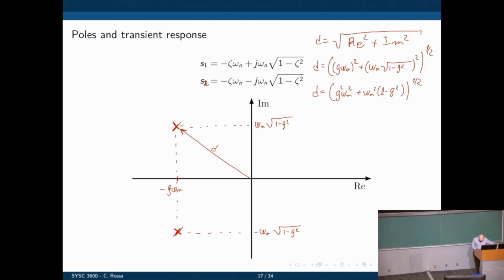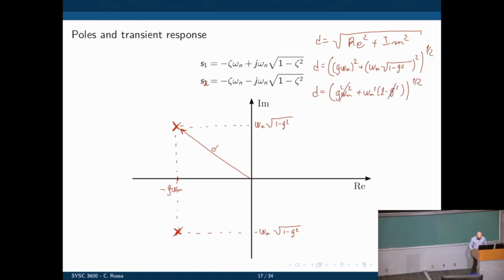And then we see omega n squared times 1 and omega n squared times negative zeta squared. So these two terms here will cancel out.